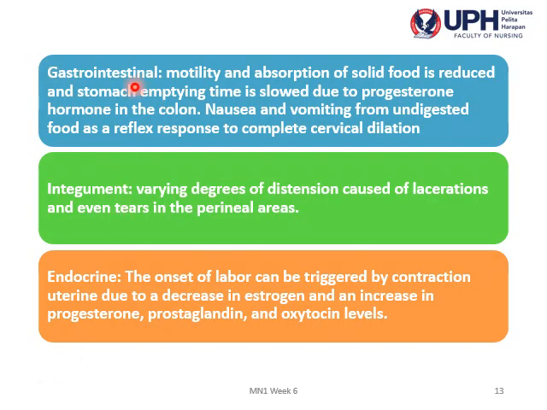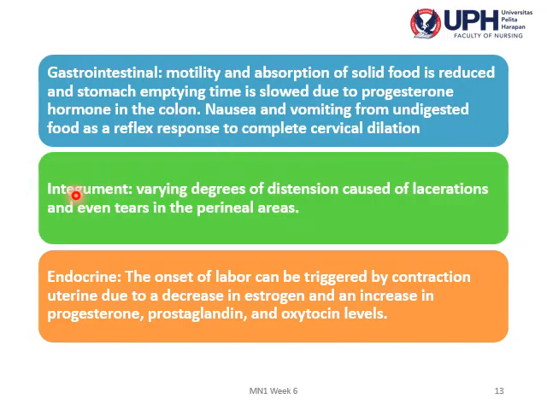With the gastrointestinal, motility and absorption of solid food will be reduced, and the process of stomach emptying also will slow down because of the progesterone level in the colon. There will also be nausea and vomiting because there is a lot of undigested food, as a reflex response to complete the cervical dilation.